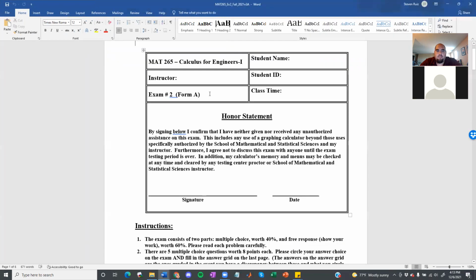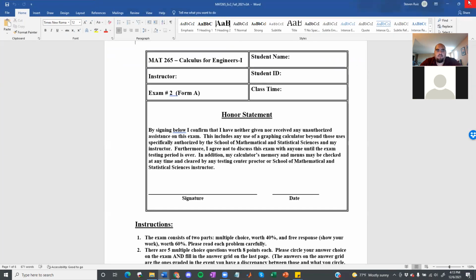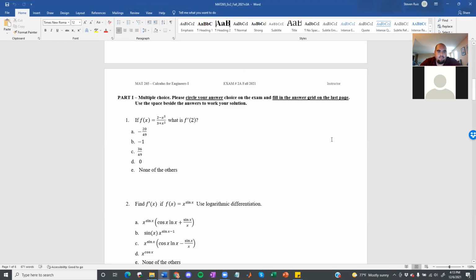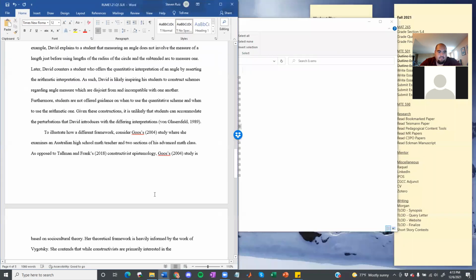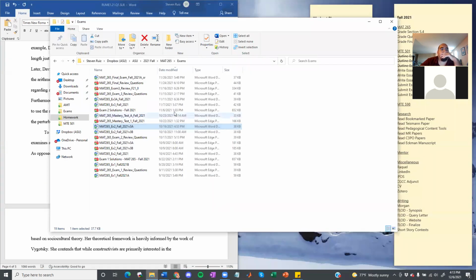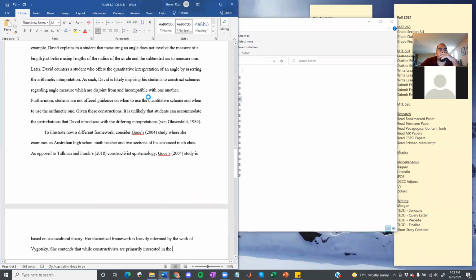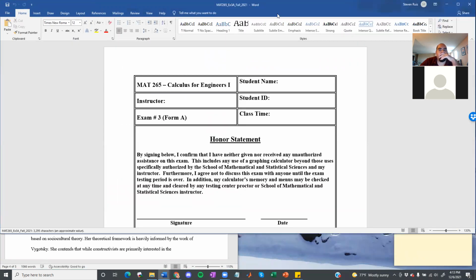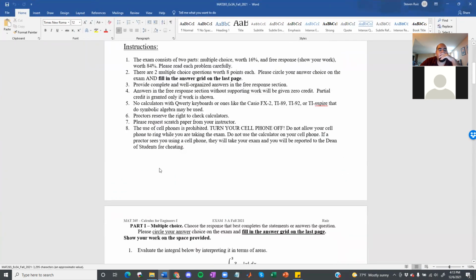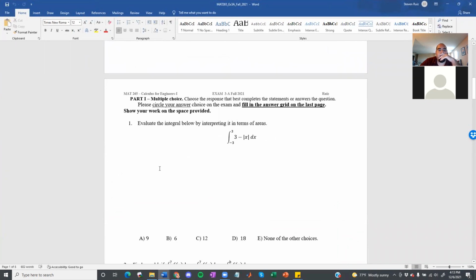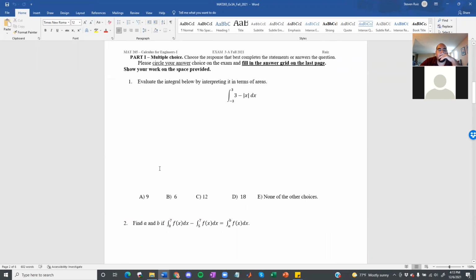Okay. Oh, this is exam 2. So, evaluate the integral below.